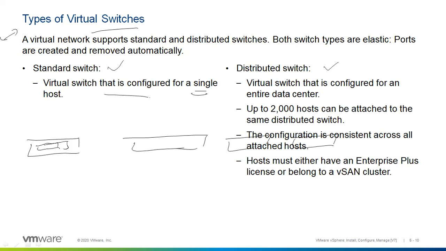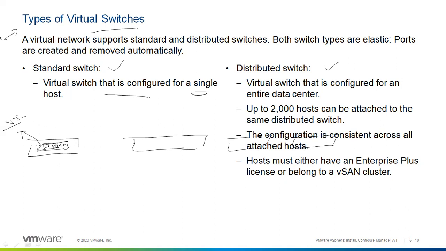Let me make it a little bit bigger. There are 4 VM kernel ports and 4 port groups. First we make the virtual switch, and after that we have to make port groups, right? Yes, absolutely.